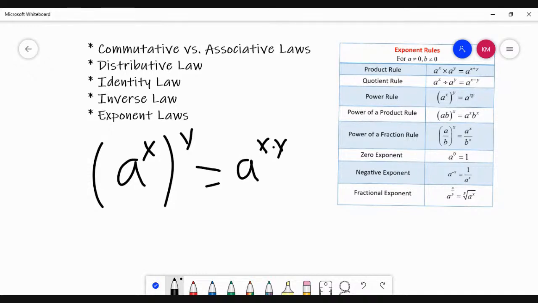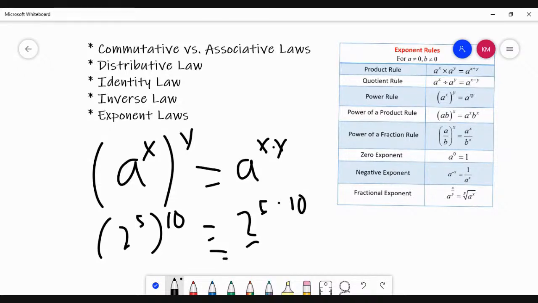So, if I have 2 to the 5th and I'm raising it to the 10th power, well, that becomes 2 to the 5 times 10, and that leaves me with 2 to the 50th power.